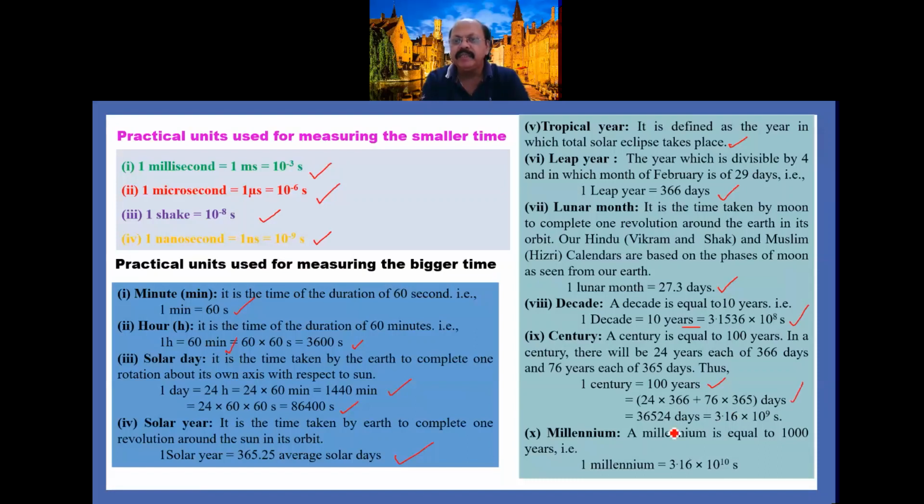After calculation, it comes to 36,524 days and 3.16 into 10 to the power 9 seconds. A millennium is equal to 1000 years. So 1 millennium equals 3.16 into 10 to the power 10 seconds. So this is about practical units of measuring smaller and bigger time.